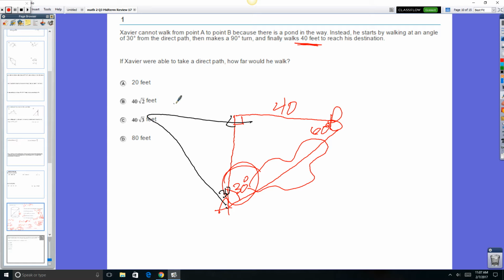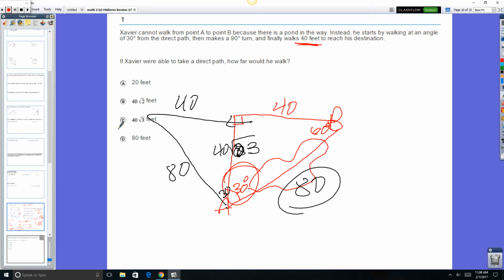If that's 40, that's 40, that's 80, that's 80, and the middle is going to be 40 times the square root of 3. So the question is, if he were able to take a straight path, how far would he walk? Straight from A to B, he would walk 80.